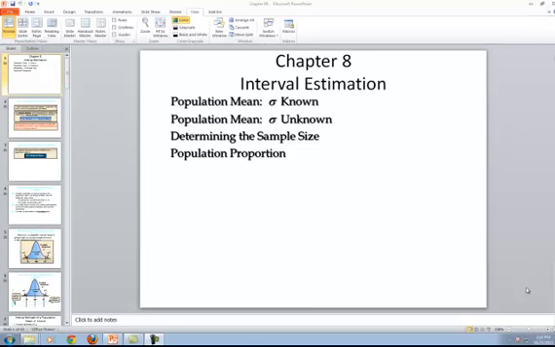In Chapter 8, we study how to create interval estimates. If you remember, we use samples to try to reach conclusions about the characteristics of the population. In particular, we want to make conclusions regarding the mean of the population or certain population proportions.